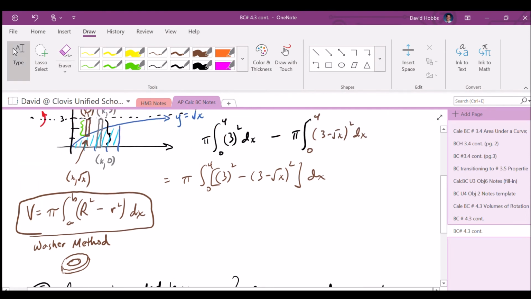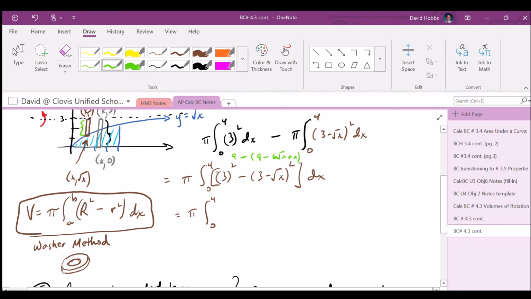Okay, so I don't want to spend too much time finishing this one off right now. We've got pi, and sometimes doing a little bit of algebra is a good idea. So 0 to 4, I've got 9 minus (9 minus 6 root x plus x).